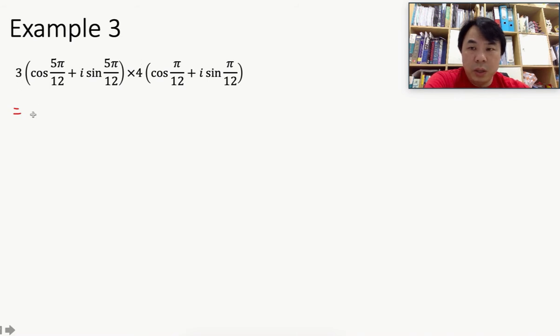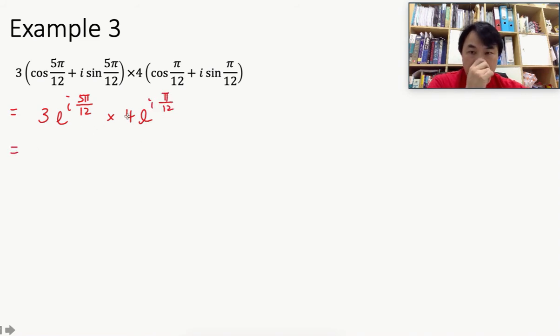So I'll take 4 with 3. That will give me a 12. And then, oh yeah, by the way, just let me rewrite this in the Euler form first before I do that. It will be much clearer. So that will be e to the i pi over 12 multiplied by 4 e to the i pi over 12 here.